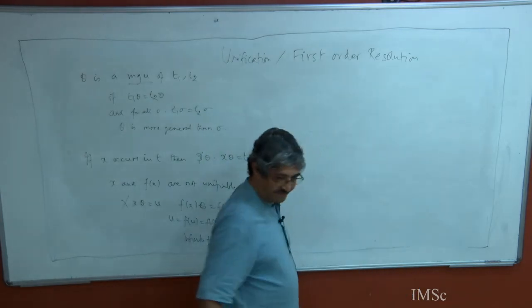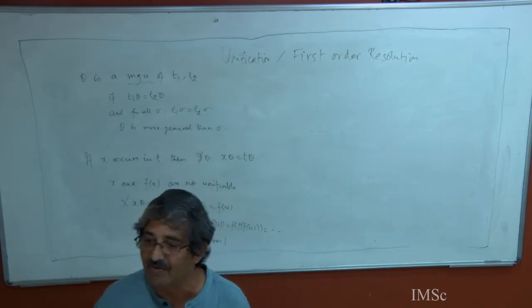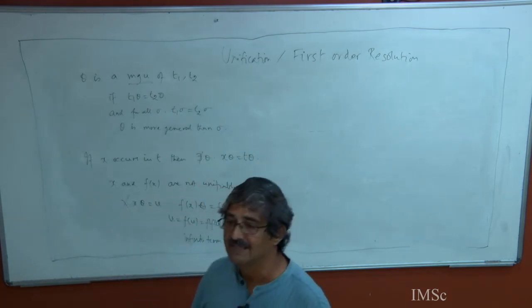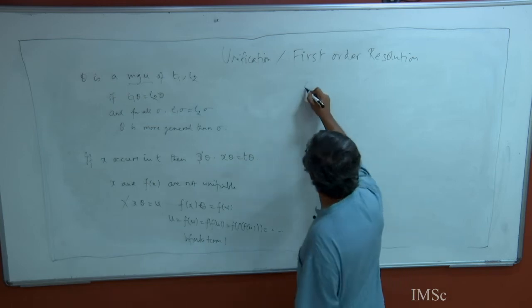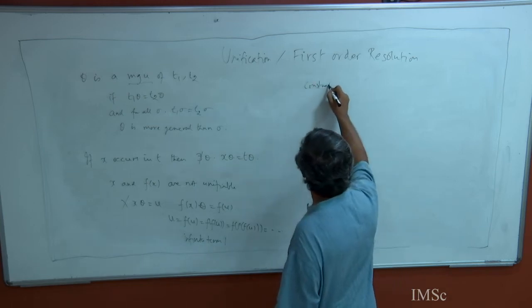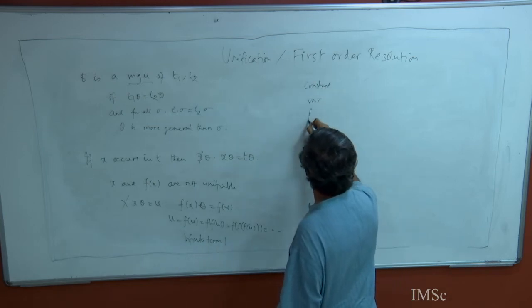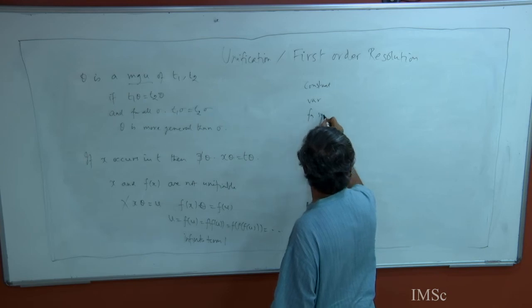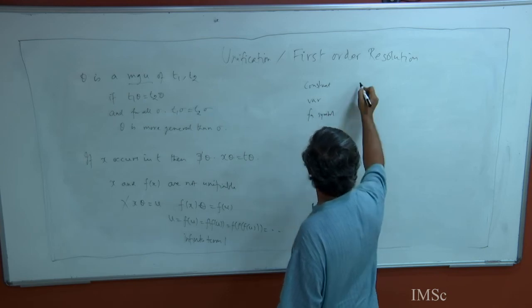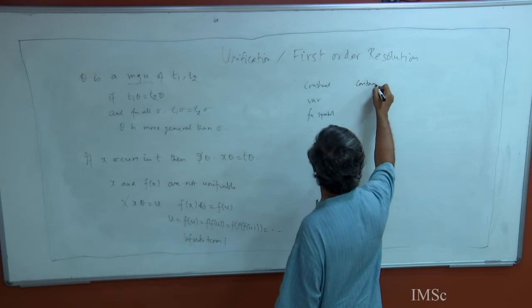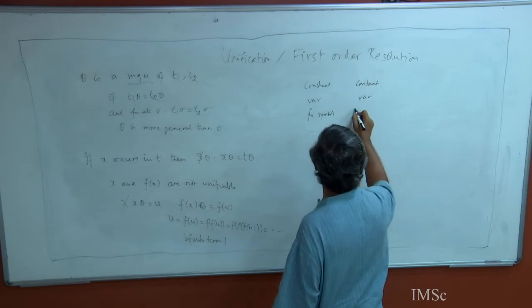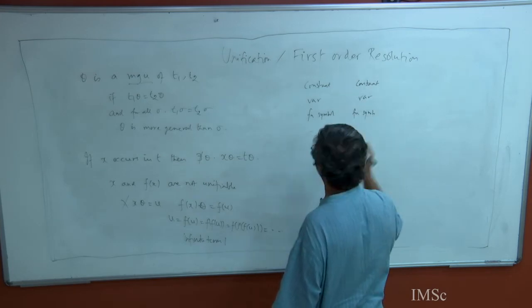Now, whenever you're trying to unify two terms, there are lots of possibilities. You can have a constant, a variable, or a function symbol, some complicated term. The other one can also be a constant, variable, or function symbol.